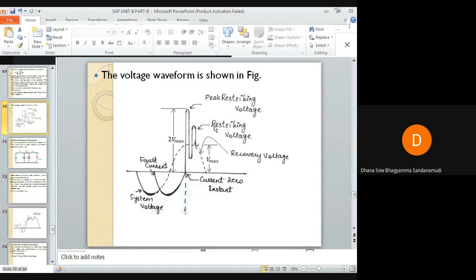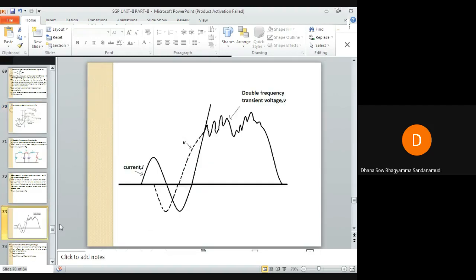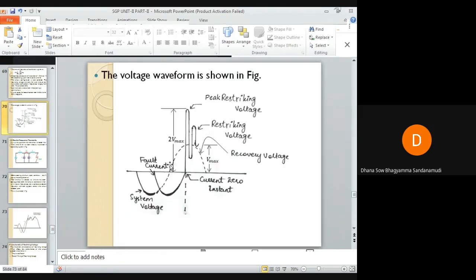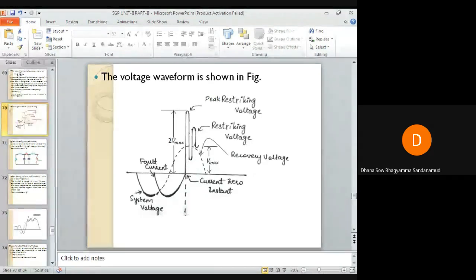As you can see here, it is slightly bent and transients are occurring. This line is the slope for this transient, and if I extend this dotted straight line, that is the slope of this transient. So rate of rise of restriking voltage is the slope of the steepest tangent to the restriking voltage curve.